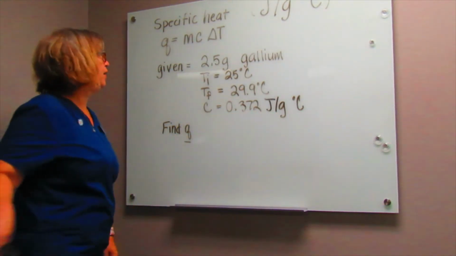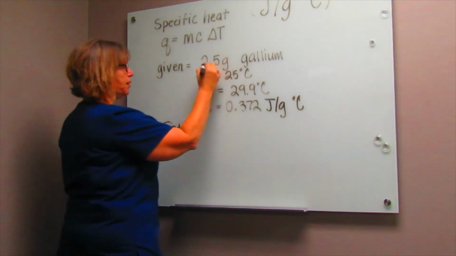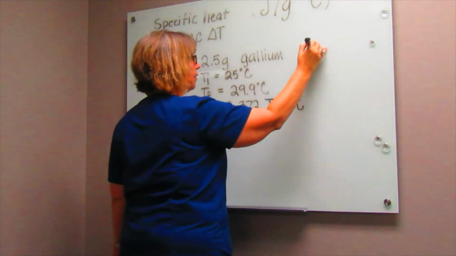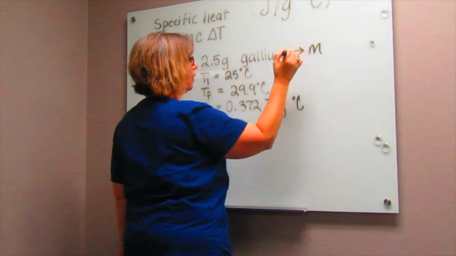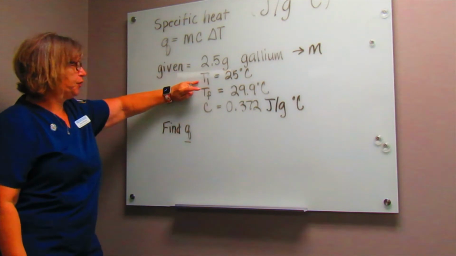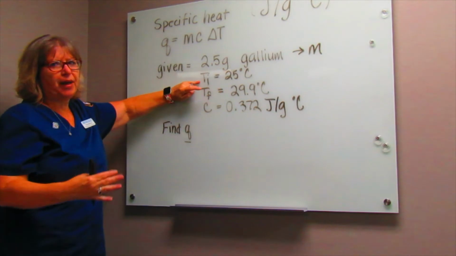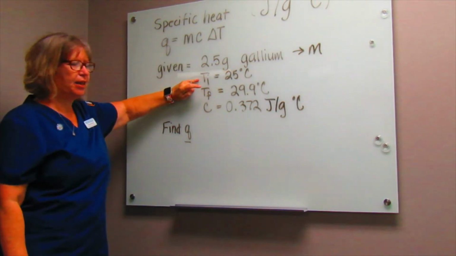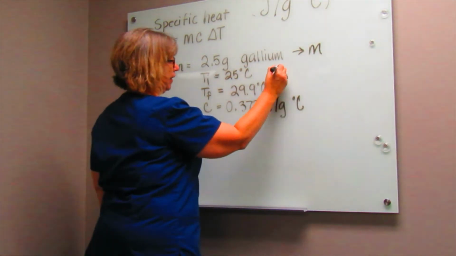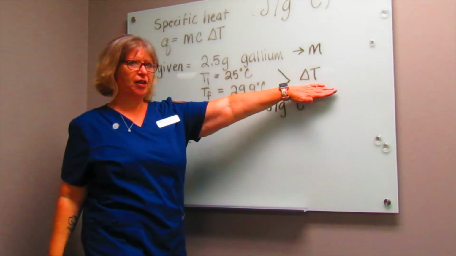So what we've been given is, based on our equation, our mass is 2.5 grams of gallium. So this is our mass. And our initial temperature is 25 degrees. We're trying to find what it takes to raise the gallium from 25 degrees Celsius to 29.9 degrees Celsius. So this is our delta T, right? This is our temperature change, okay?